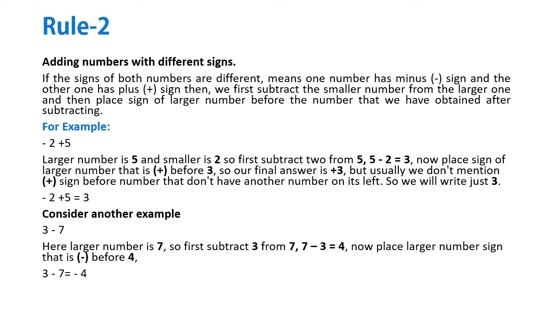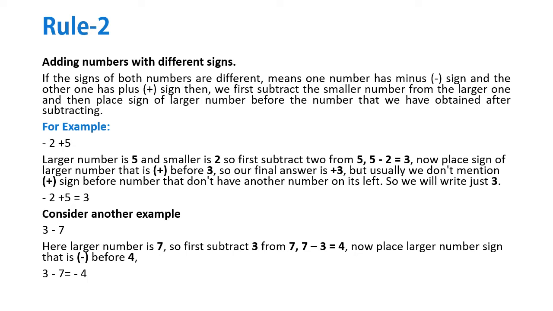Larger number is 5 and smaller is 2, so first subtract 2 from 5. 5 minus 2 equals 3. Now place the sign of the larger number, that is, plus, before 3, so our final answer is +3. But usually we don't mention plus sign before a number that doesn't have another number on its left. So we will write just 3. -2 plus 5 equals 3.